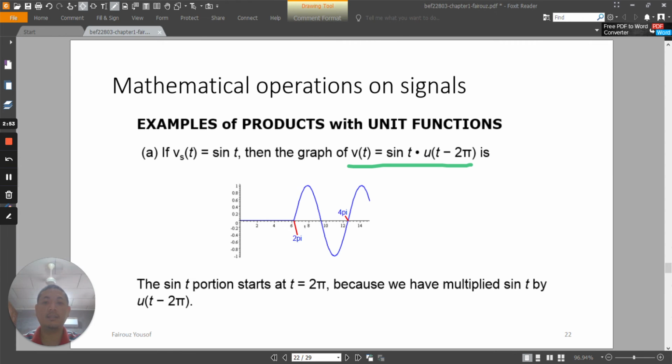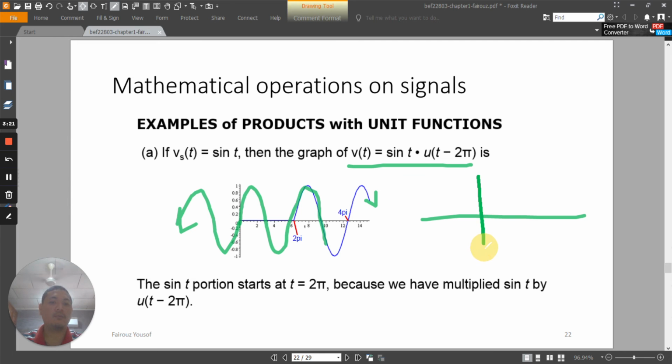So sin t is this, towards infinity positive and towards infinity negative. That is sin t. Next is u(t minus 2 pi).